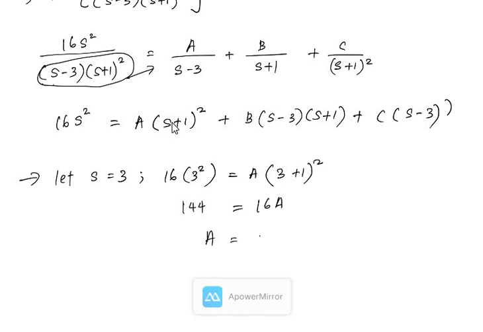So A is equal to 144 divided by 16, which is equivalent to 9.